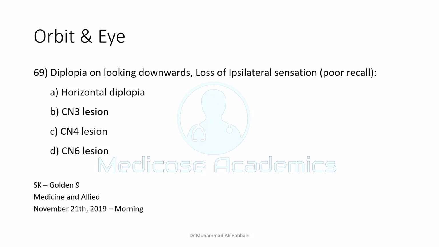So the healthy eye looks downwards, the affected eye does not, and the images in the two eyes do not match each other, and diplopia occurs. The usual reason for being unable to look downwards is paralysis of the superior oblique muscle, and it is supplied by cranial nerve number 4.